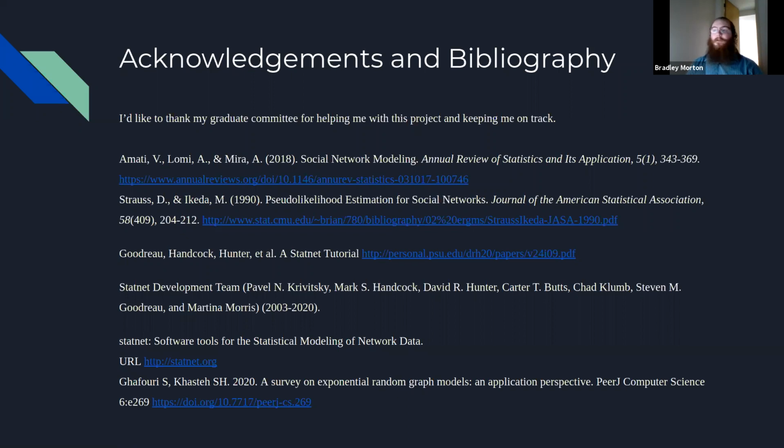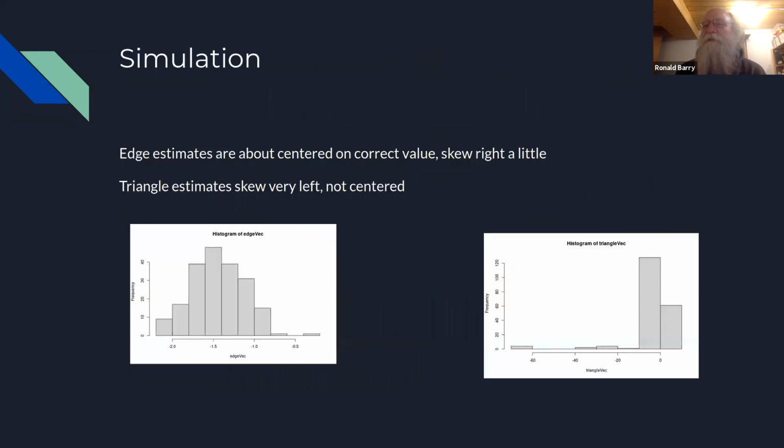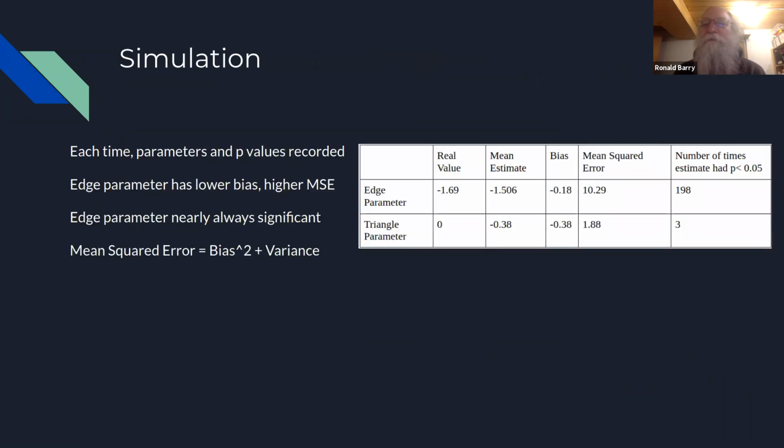Are there any questions? So, actually, first I have a comment. Seeing the new updated version of the simulation where you show the p-values, it worked better than I thought it would, in one way, in that it only rejected 3 times out of 200. That's true.